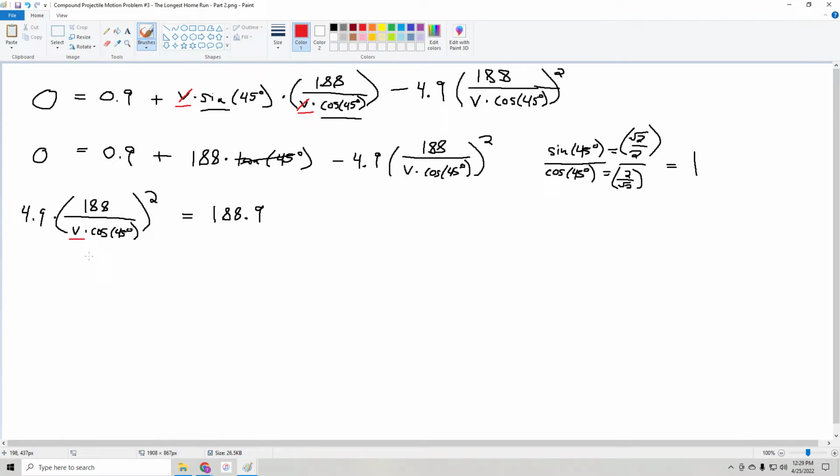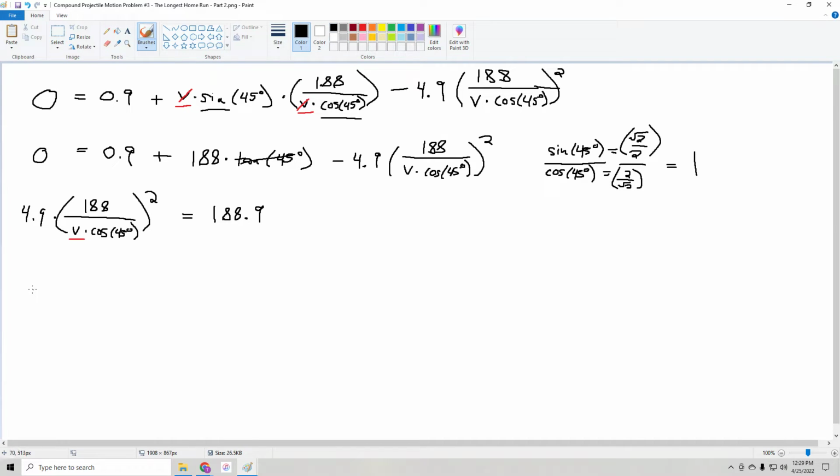We want to get that by itself. And so, since we're squaring a v in the denominator, that means we'll end up with a v squared in the denominator if we expanded this. So how about we multiply both sides by v squared?